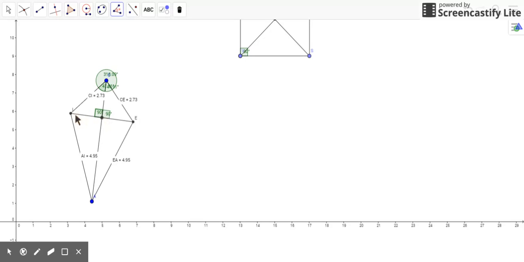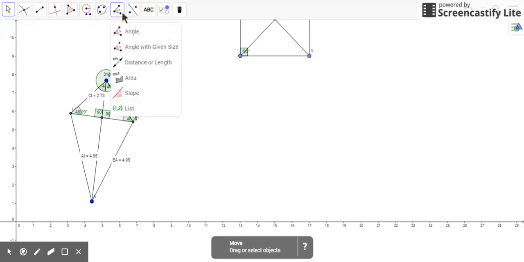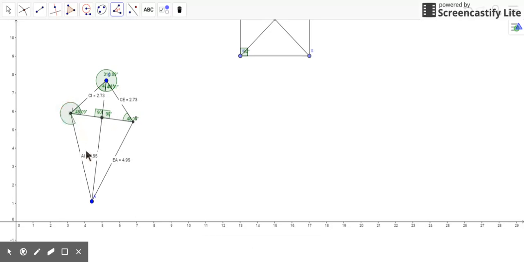We could tell that these are the same. Well, anyways, these two add up to 180. That's what I was trying to say.